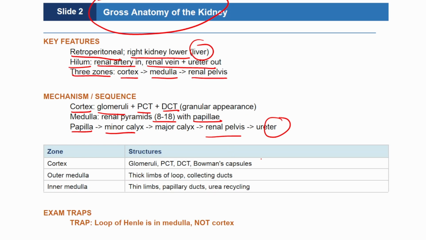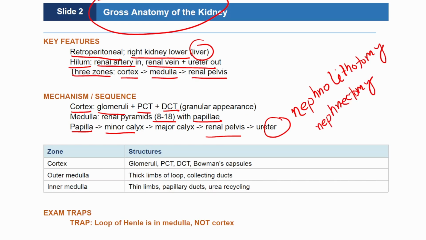When severe large calculi or renal stones block this renal pelvis, or when malignant tumors destroy the parenchyma, some advanced surgical procedures such as nephrolithotomy or nephrectomy become necessary.